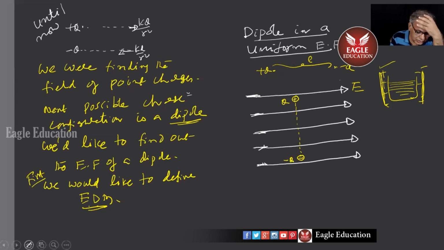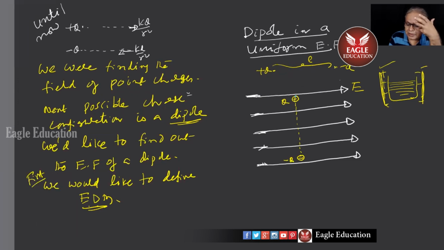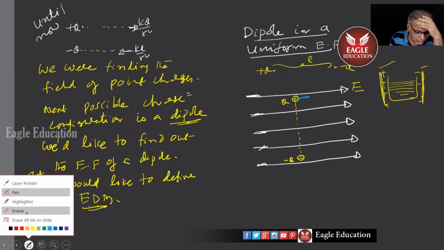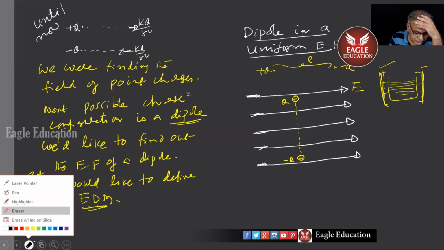So now, what is the thing we need to learn from here? E will apply a force on this in this direction, right? In the direction of the electric field. Tell me. I want your feedback. Children, are you listening?